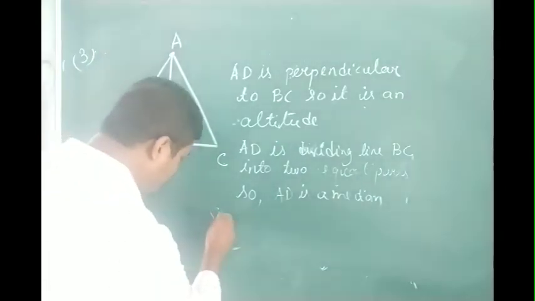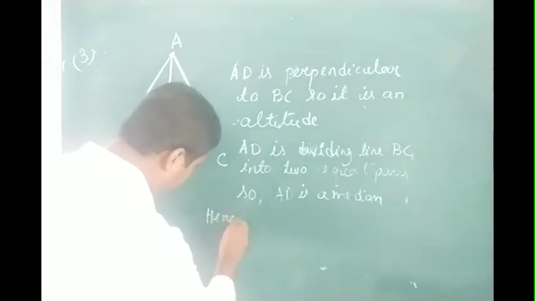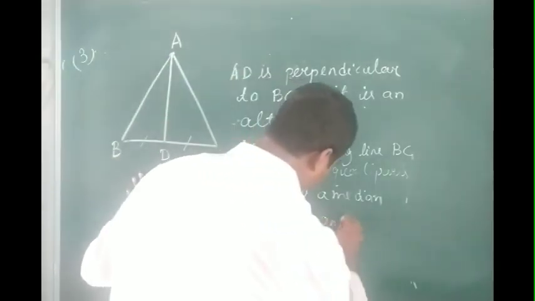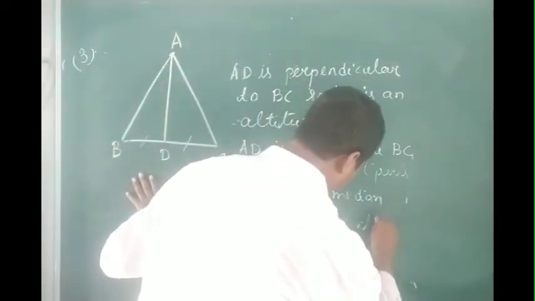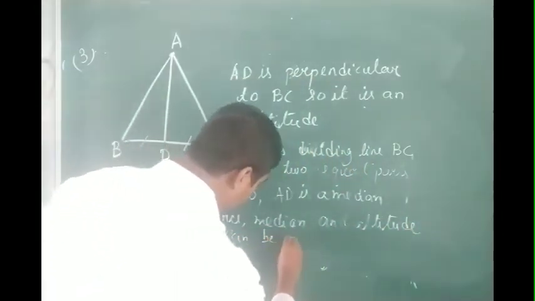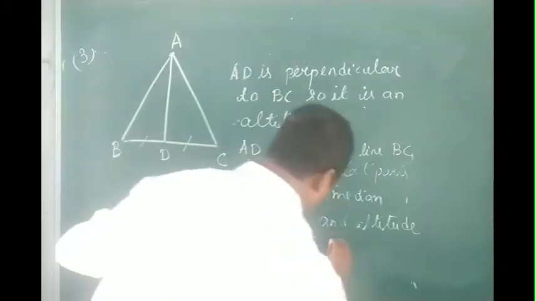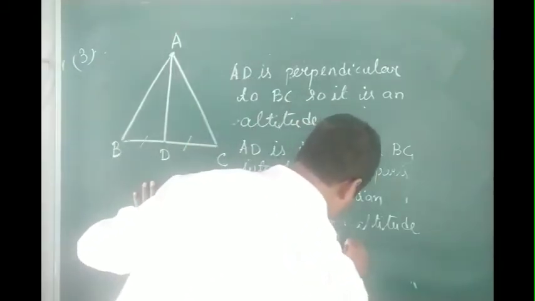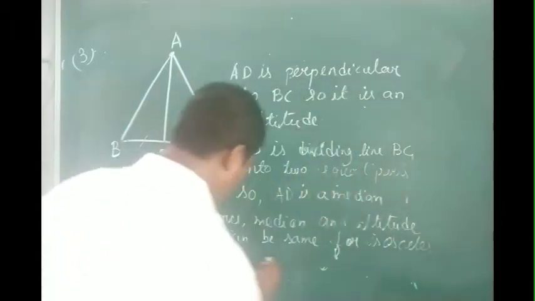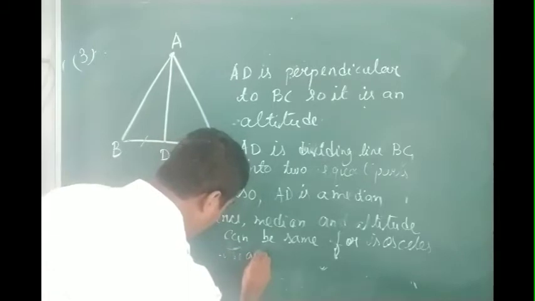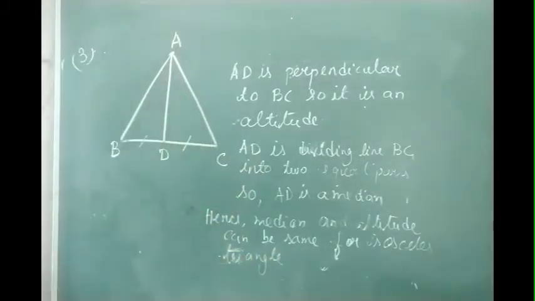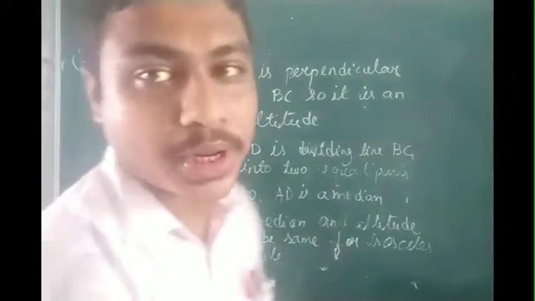So, hence, median and altitude can be the same for an isosceles triangle, okay? Isosceles triangle. So this is our question number 3.